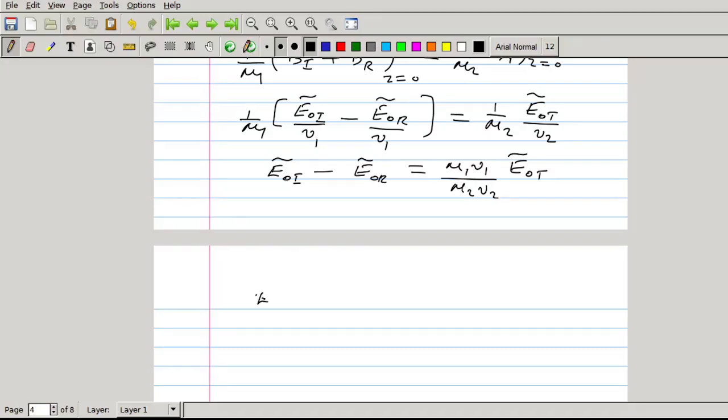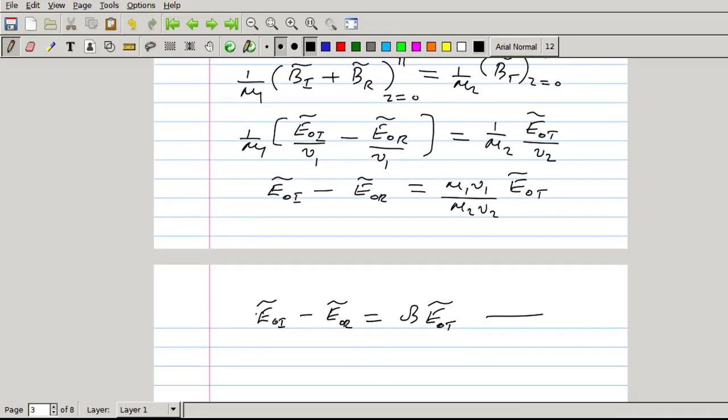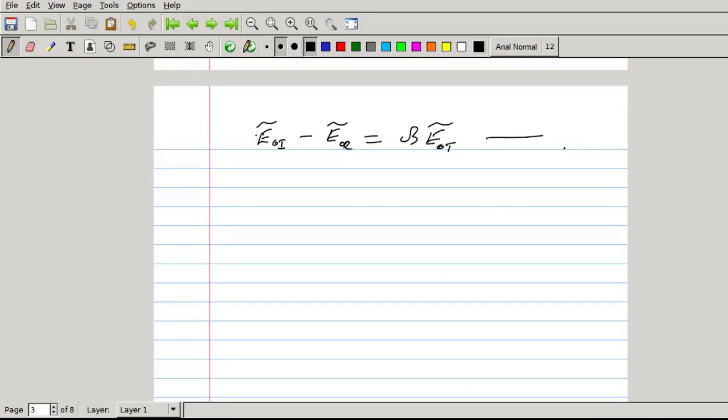So E0I minus E0R is equal to beta E0T. What is the next equation number? This is equation number 9.